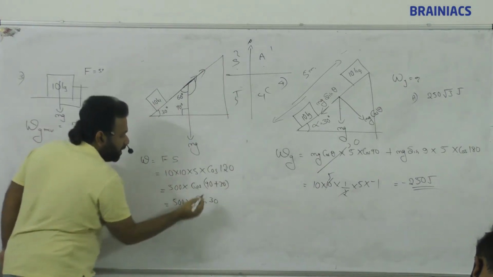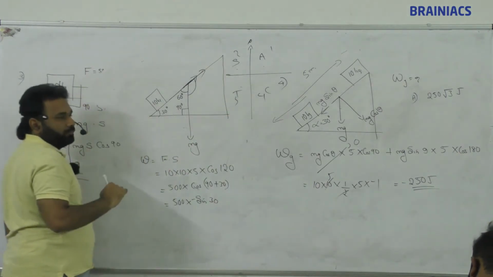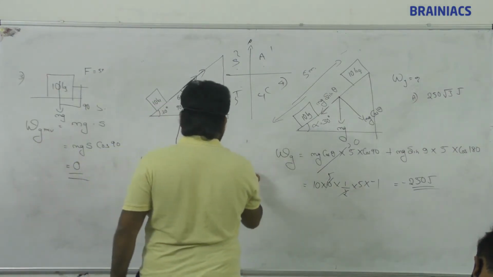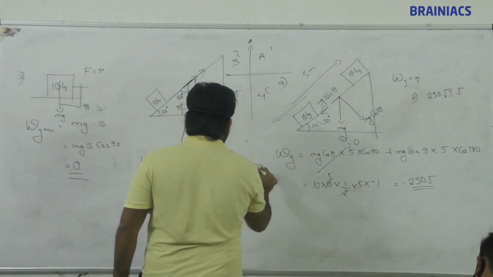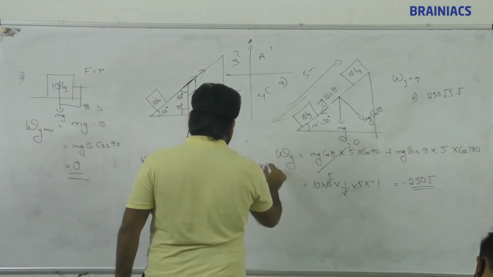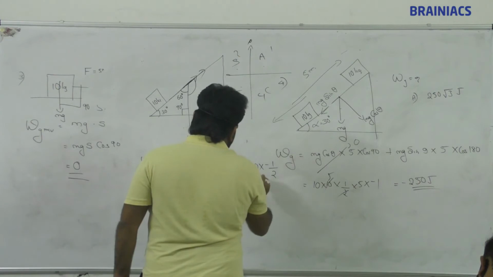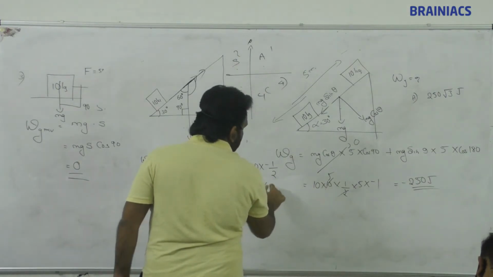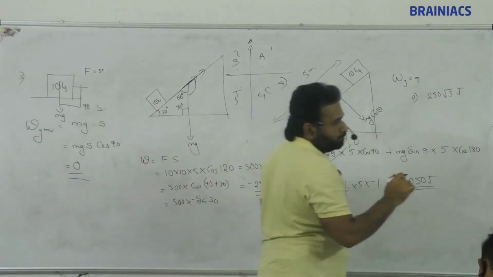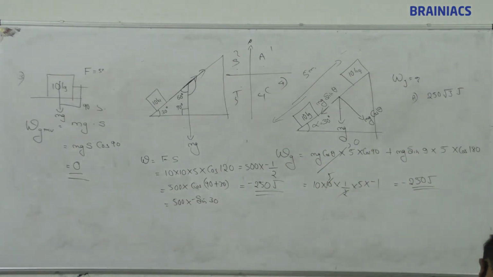Since this is in this quadrant, we put a negative. So this is 500 into minus 1 by 2, which is minus 250 joule.